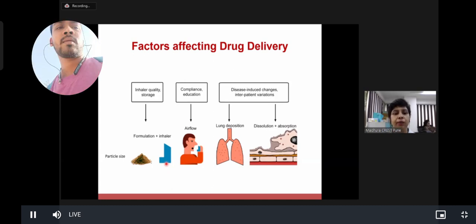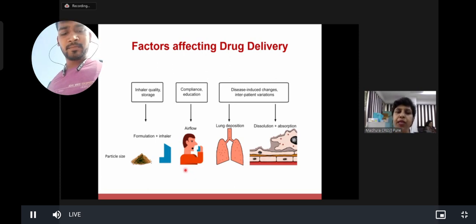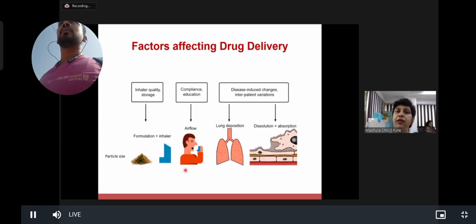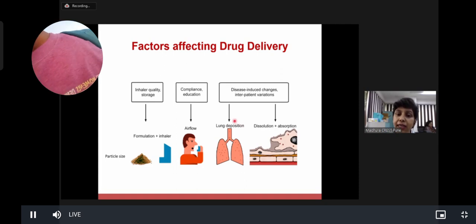We need to know there are some patient factors that affect the drug delivery. It is the compliance, so the technique, the adherence, also the severity of the disease, the pattern of breathing, all these factors affect the drug delivery. Lung deposition is affected by the disease-induced changes.